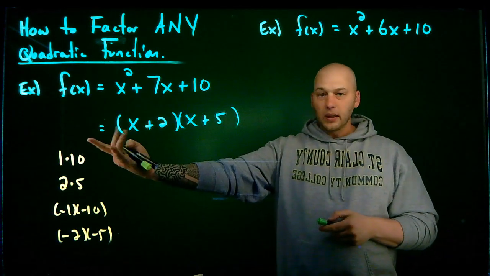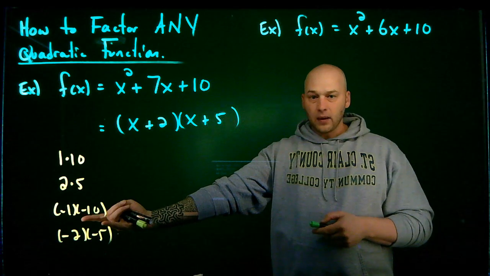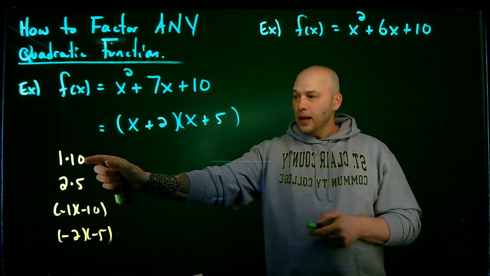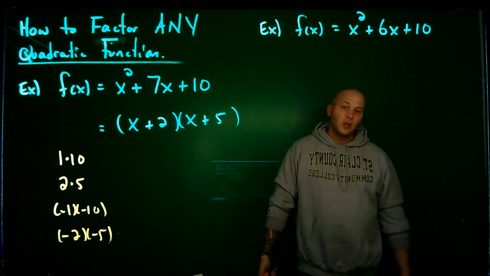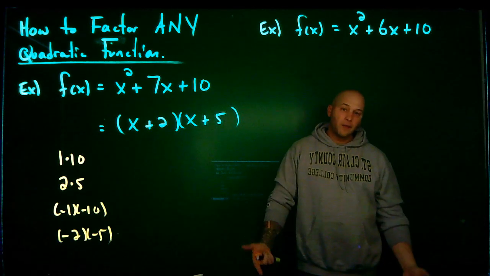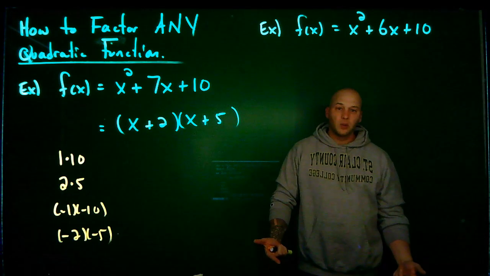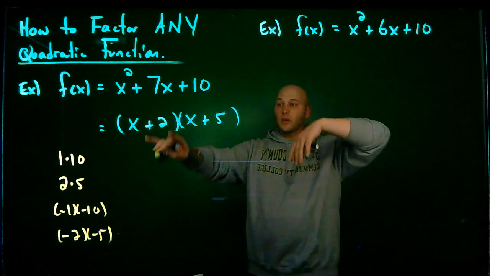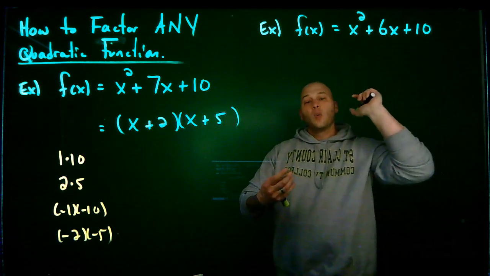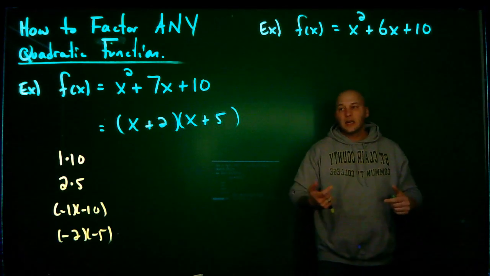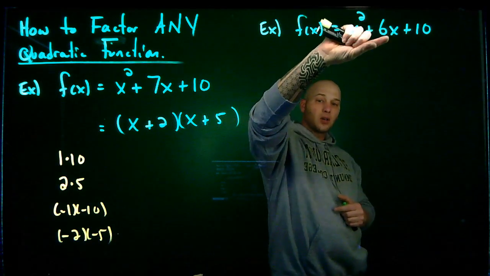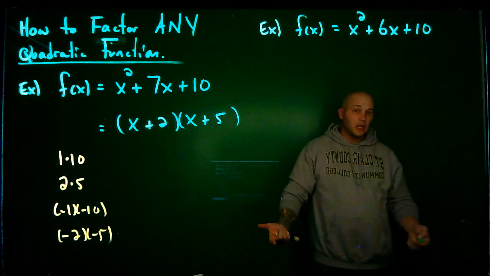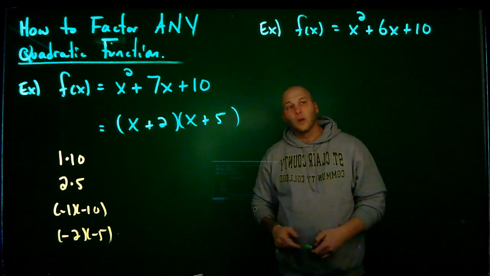I've already come up with the list of pairs that multiply to get 10, and you see that none of those pairs add to get 6. So does that mean this does not factor, which is probably what your instructor would say? Well, no, that's not the case. The previous one will factor over integers. This one will factor over possibly irrational numbers, as I'll show you.